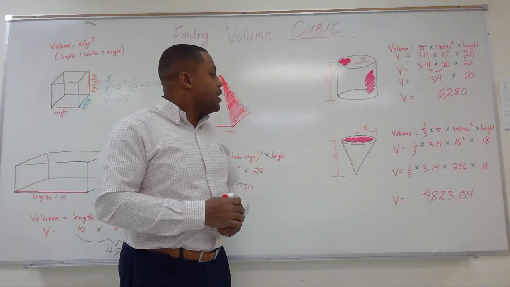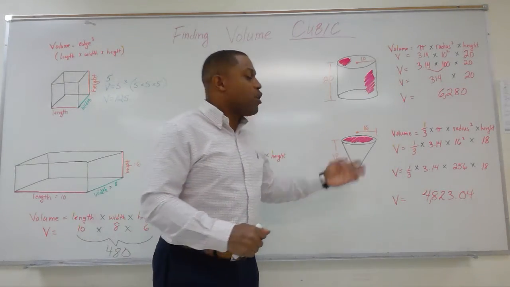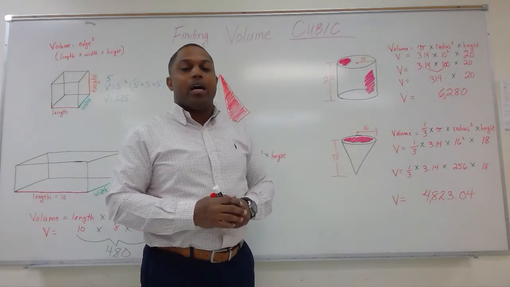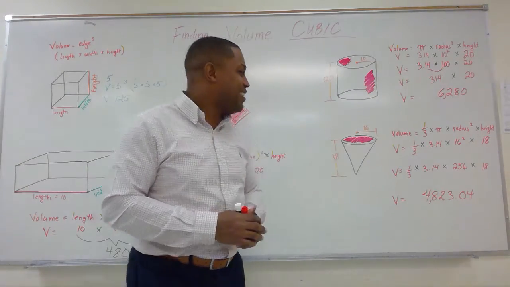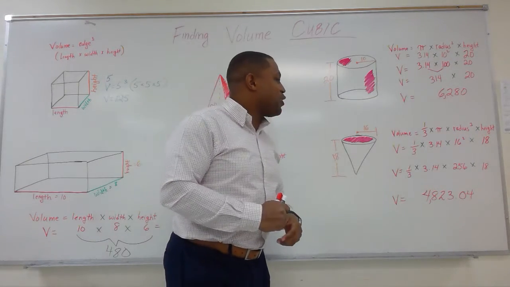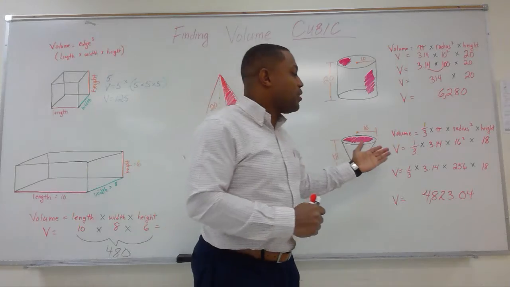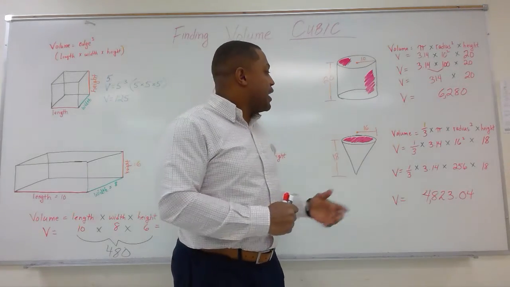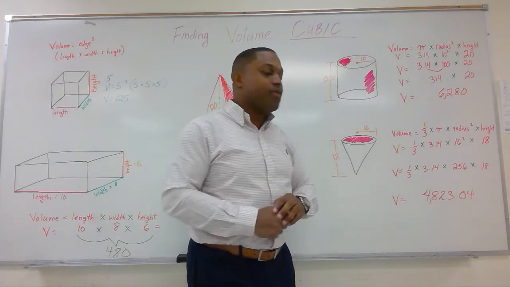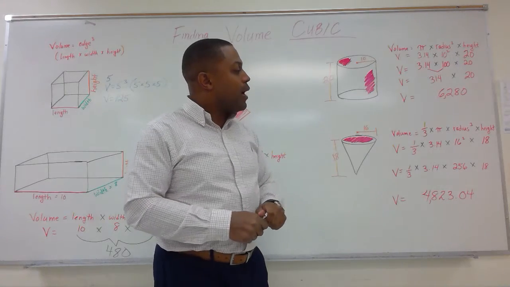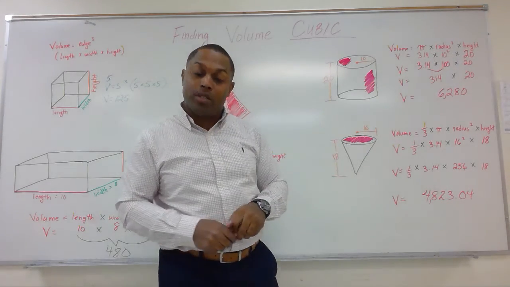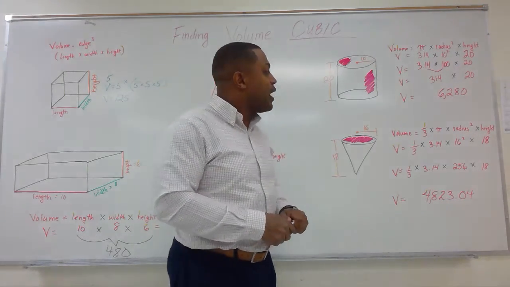Lastly, we have probably my favorite, the ice cream cone. The formula for volume for a cone is volume equals 1/3 times pi times radius to the second power times height.